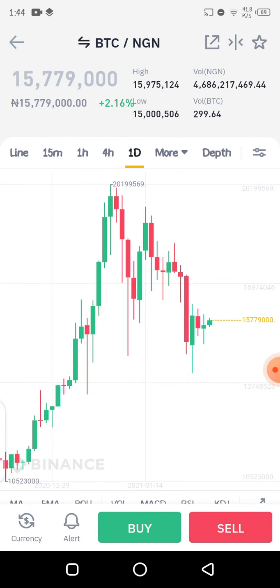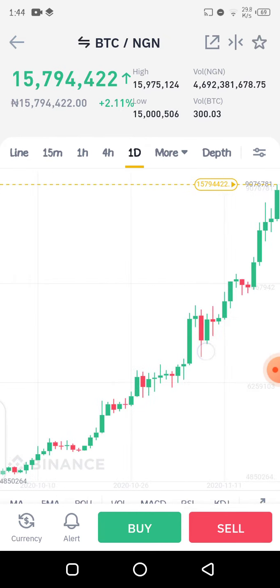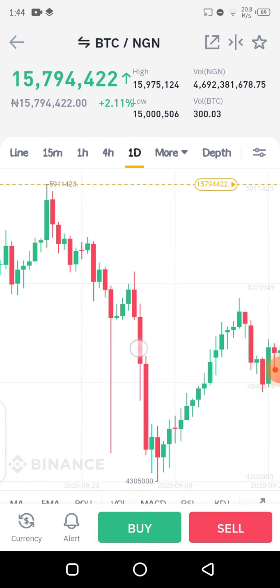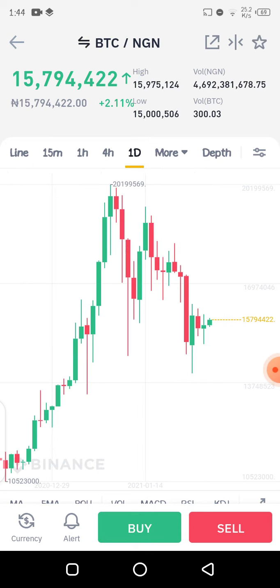When you tap on it, you have this whole chart here that you can drag along to see the history of the trades under this pair. So up here we have the pair.